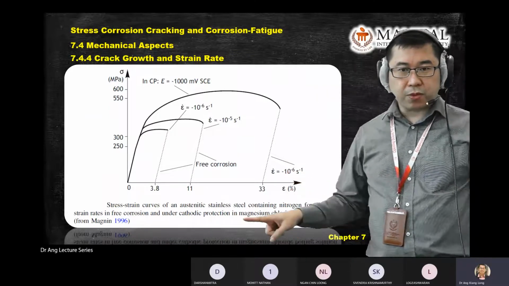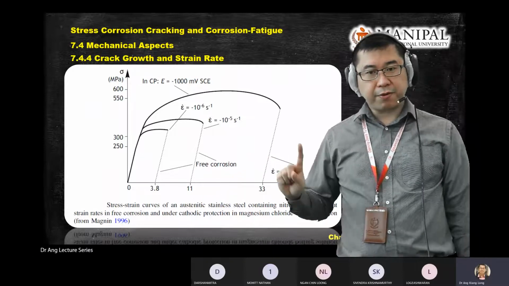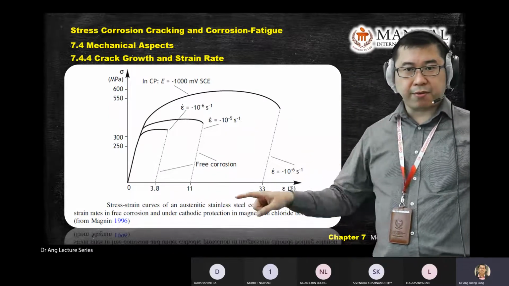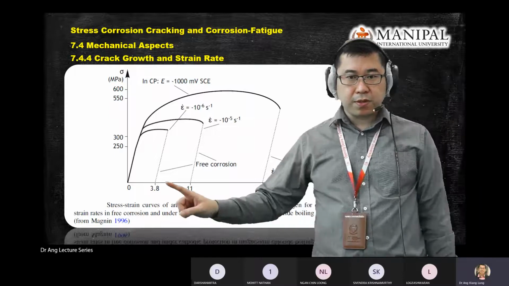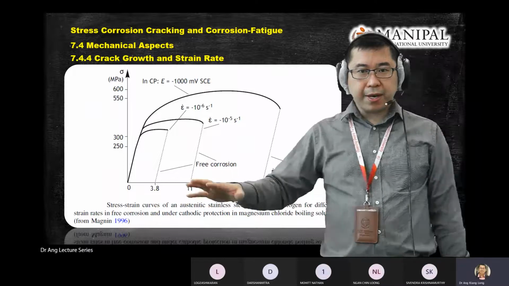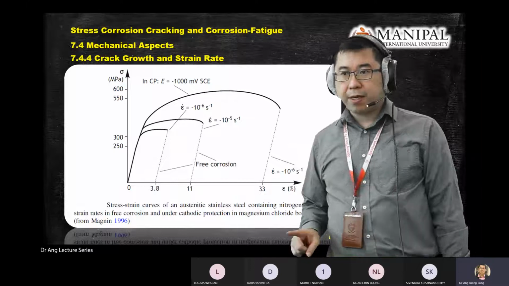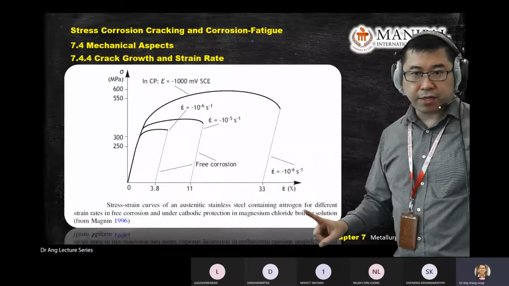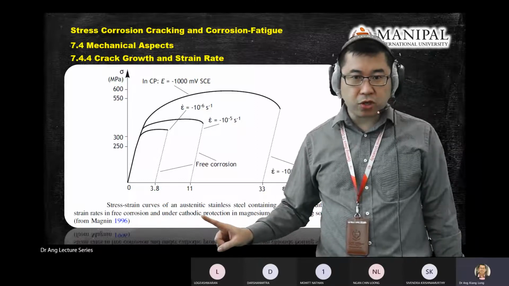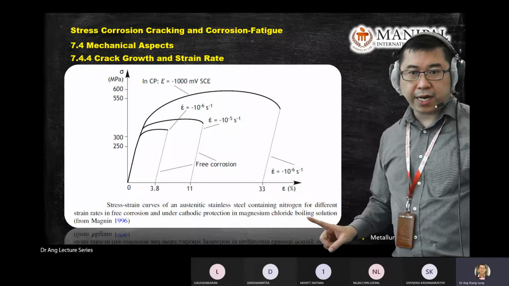I gave you a table for the stainless steel earlier, before the break, with austenitic and another type of stainless steel, so ferritic and austenitic in one of the tables. So anyway, back to this graph, you can see that this one contains nitrogen for different strain rates in free corrosion and under cathodic protection in boiling magnesium chloride solution.